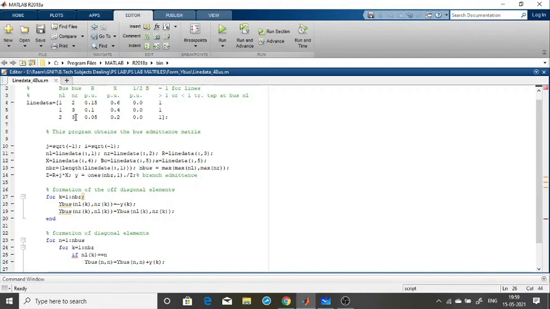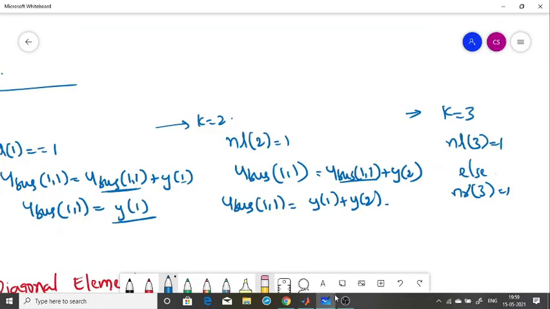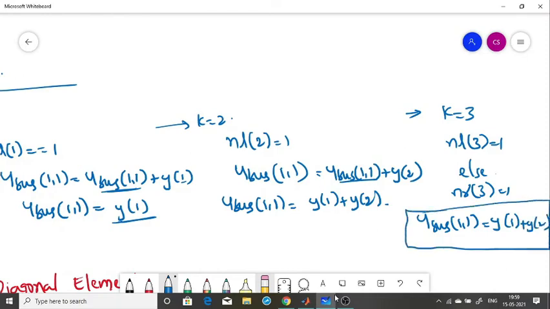Is NR of 3 1? No, it is not 1. So it is also not 1, which means it is going to calculate the y bus lastly as the end. Therefore y bus 1 comma 1 is y of 1 plus y of 2. That's it. So this one will be your y11. So it has calculated y11.